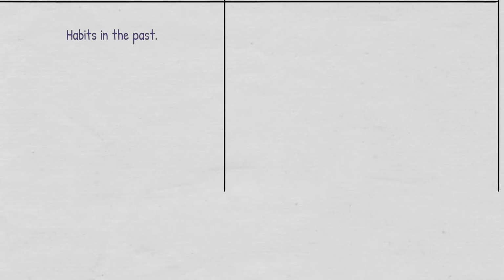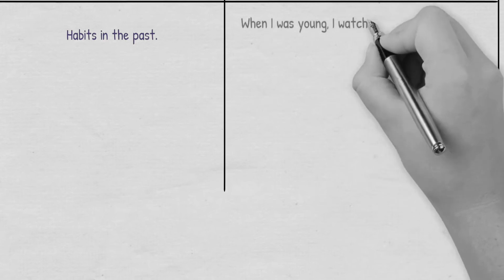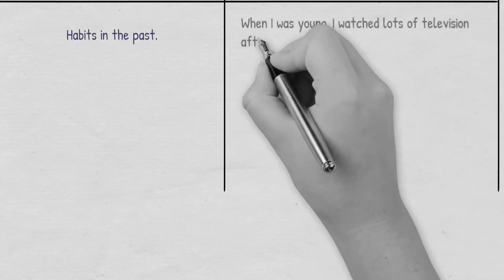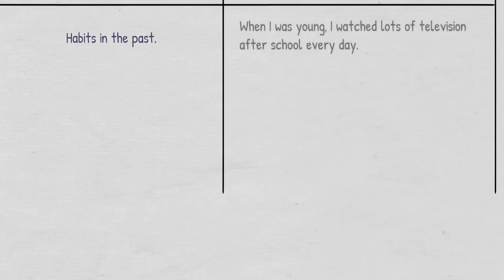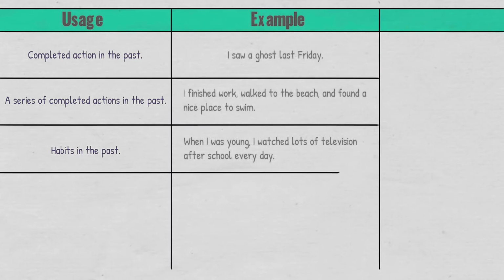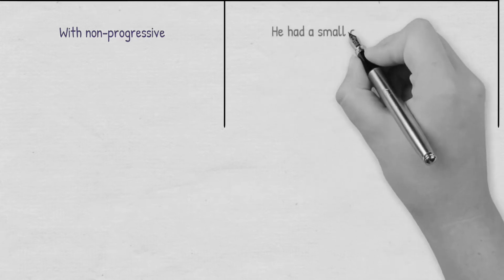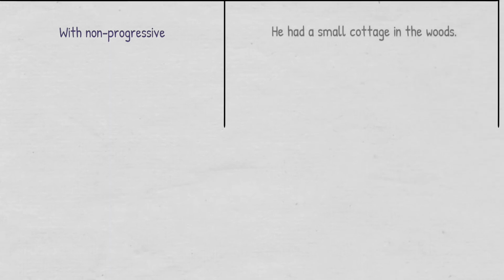Habits in the past. When I was young, I watched lots of television after school every day. With non-progressive. He had a small cottage in the woods.